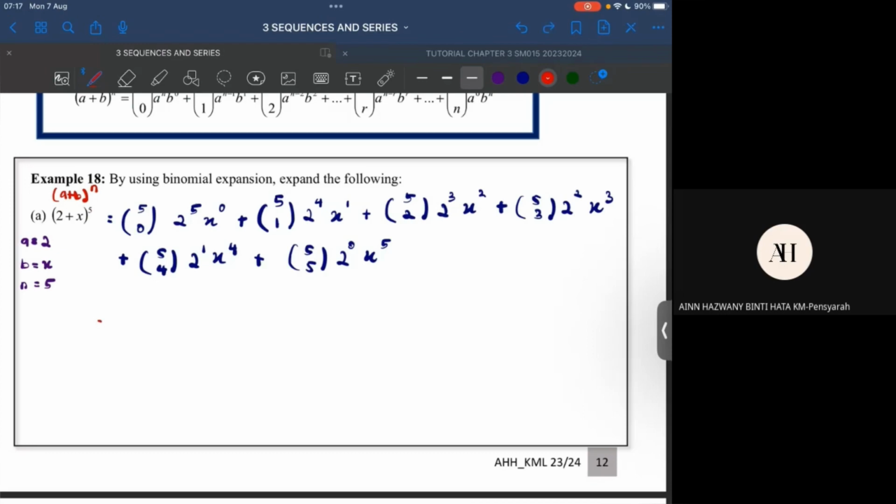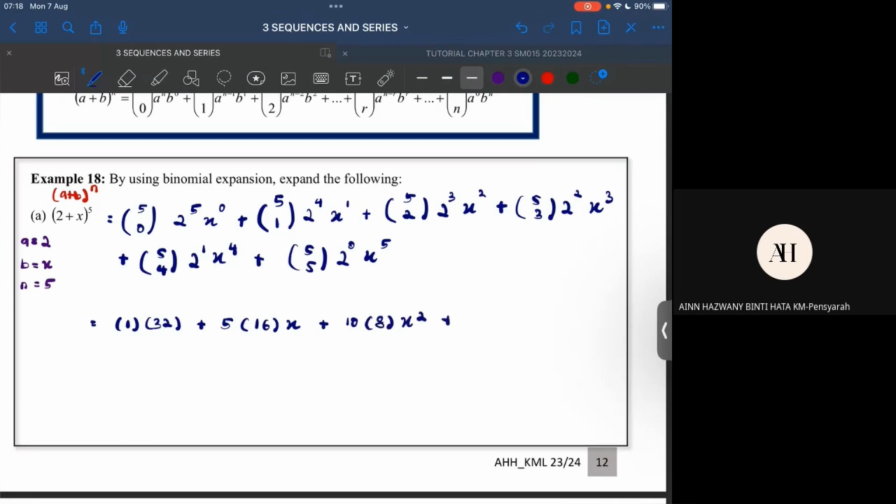So sekarang basically keluarkan calculator kamu, tekan sahaja. Okay, 5C0 tekan, 5 shift bahagi 0 dapat 1. 2 to the power of 5 dapat 32. X to the power of 0 ialah 1, so kekal. Plus 5C1 dapat 5, 2 to the power of 4 dapat 16, sini X. Plus 5C2 dapat 10, this one is 8, this one is X square.